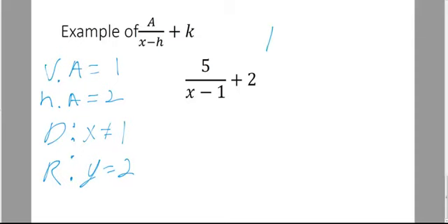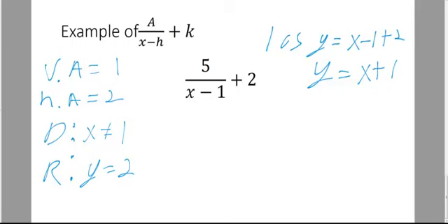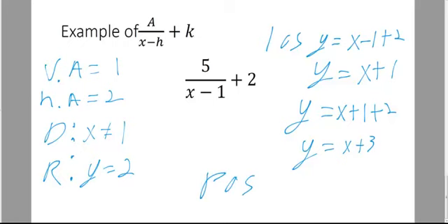Our lines of symmetry will be y equals x minus 1 plus 2, which will be y equals x plus 1. And the other one is y equals negative x plus 1 plus 2, or y equals negative x plus 3. So our point of symmetry, or POS, will be 1, 2. Now note that we have negative h here. So negative of negative 1 is a positive 1.